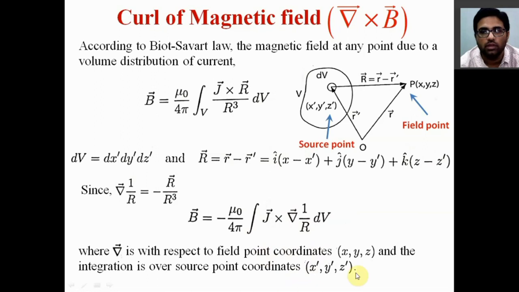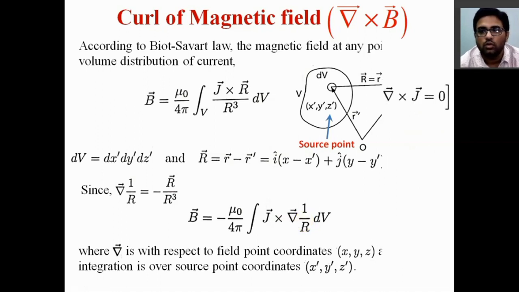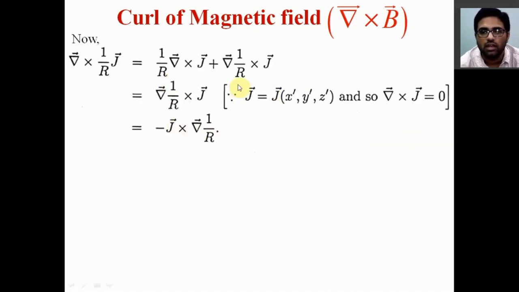Now we have to evaluate this J cross gradient 1 by R. Okay. So for that we have to use this vector identity. Curl of J vector by R is 1 by R curl J plus gradient 1 by R cross J. Now since the current density J is function of source point coordinate and del operation is with respect to field point coordinate, curl of J will be 0, right?